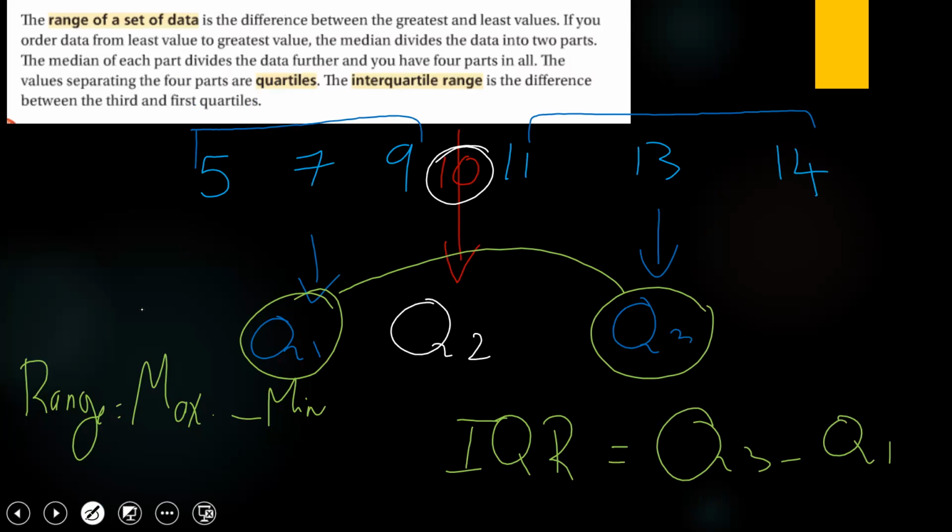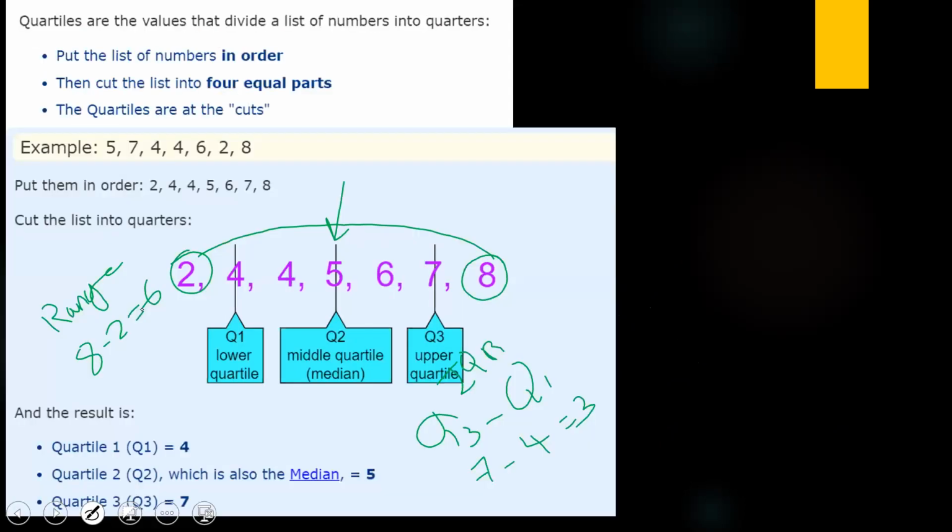And 13 minus 7 is 6. We cannot say that the interquartile range is half the range. There is no relation between them. You're right.